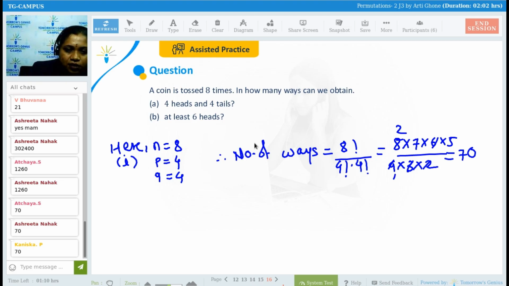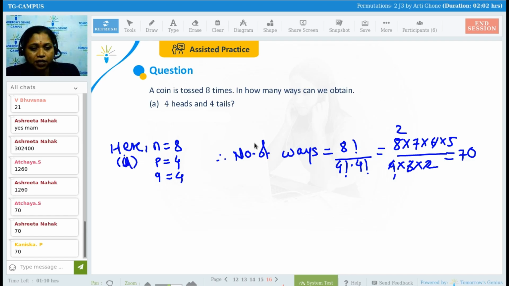At least 6 heads. Either 6 heads, 2 tails, right? No? See, with the at least condition, you have to work on probability also. In probability, you will many times get this condition at least, okay?